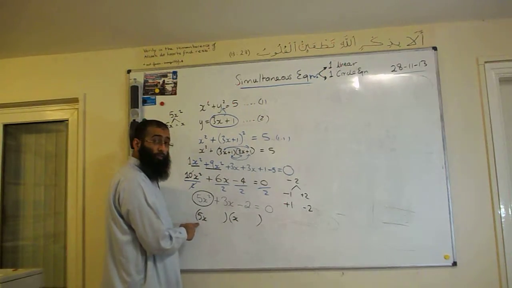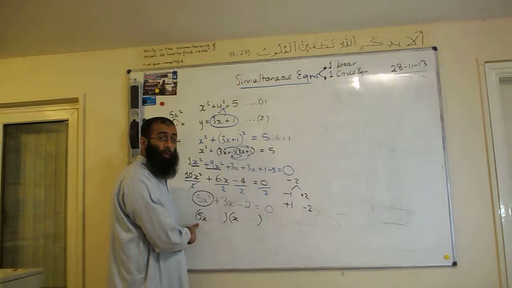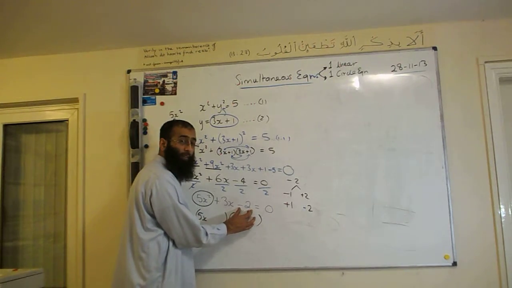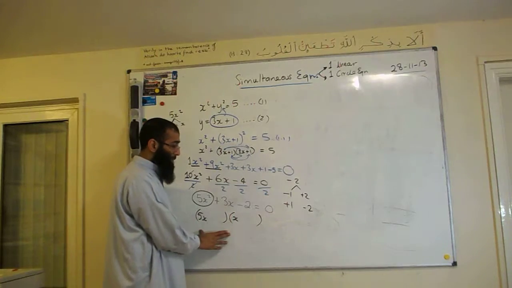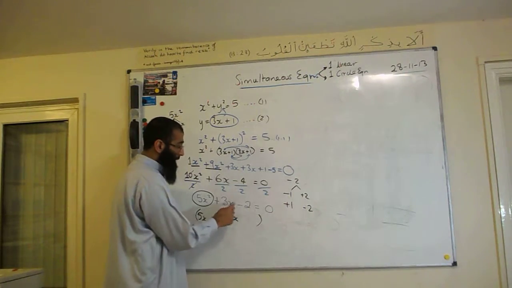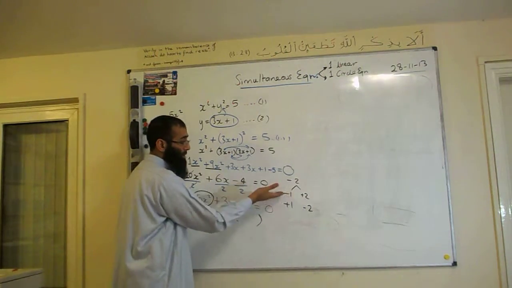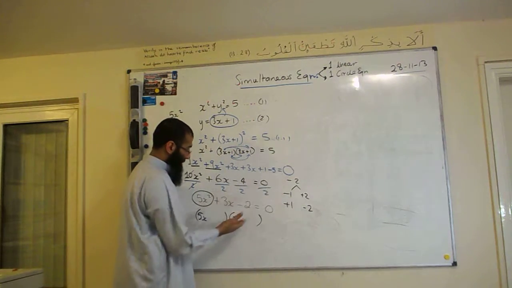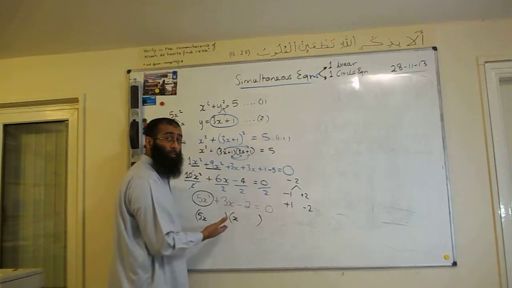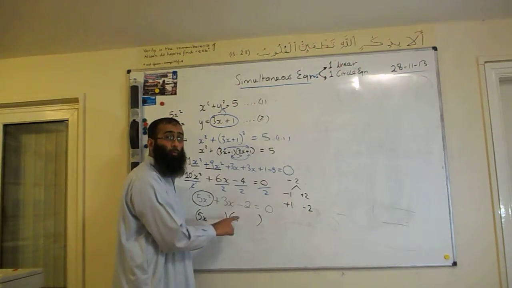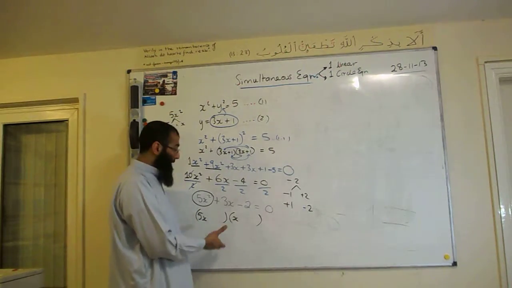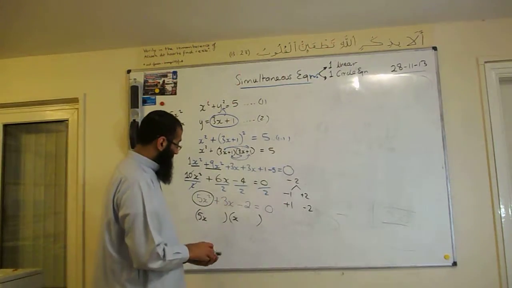Because we've got a 5 here, it's not as simple as them multiplying to give the end number and adding up to give the middle number. It's a bit more than that in this question, but we still need them to multiply to give minus 2. We have to put those answers in the correct position. Sometimes we have to do a bit of trial and improvement, putting them in different positions until, when we multiply it out, it gives us the right answer. So let's have a go.